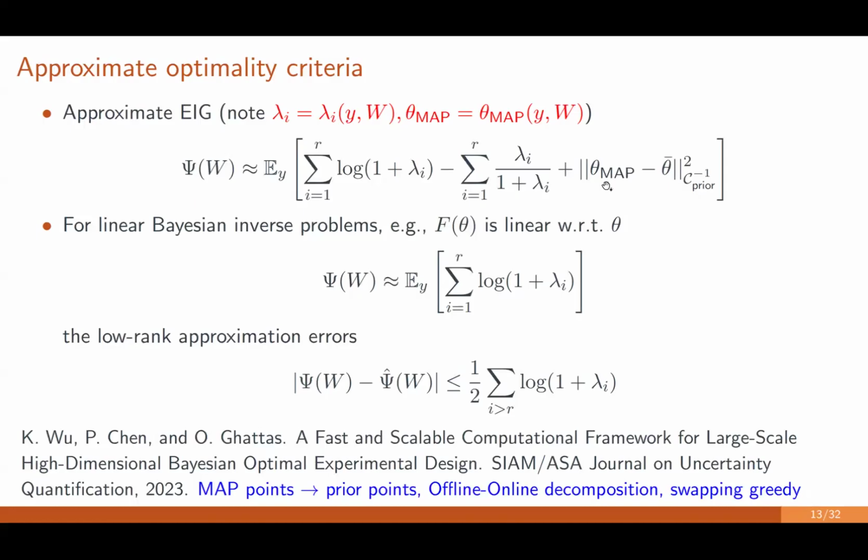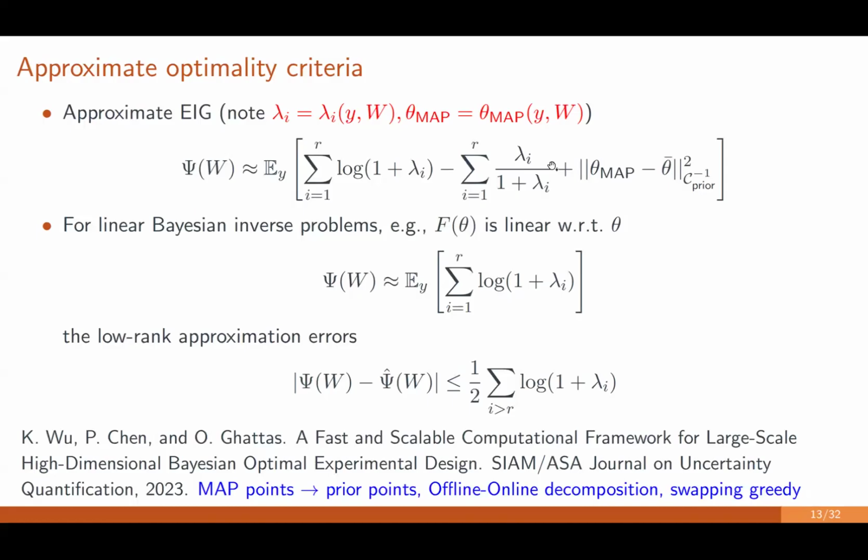It's rather a crude approximation, but what you care about is actually the correlation of this EIG with this approximation. In fact, we did some correlation analysis, and these two terms are highly correlated. Then we can replace it simply by the prior points, and we don't have to solve this inverse problem anymore, and we can directly compute the eigenvalues.